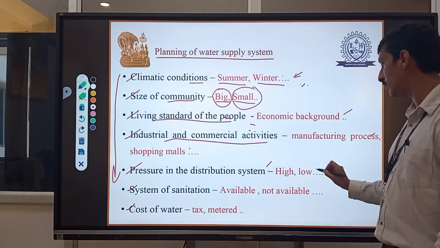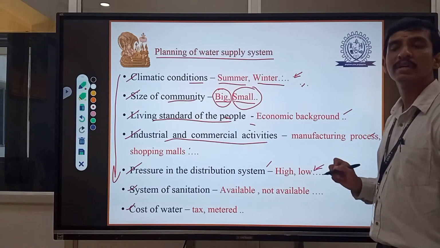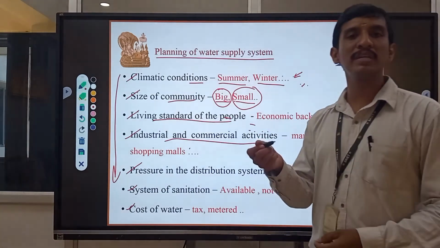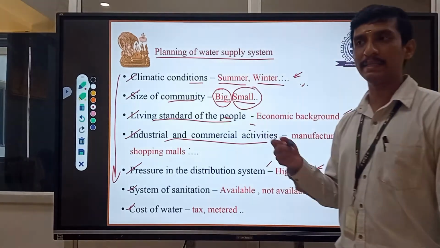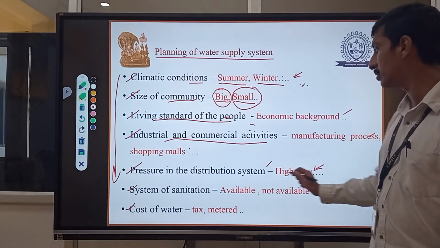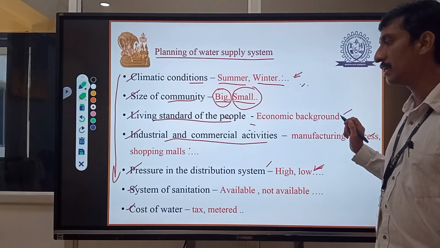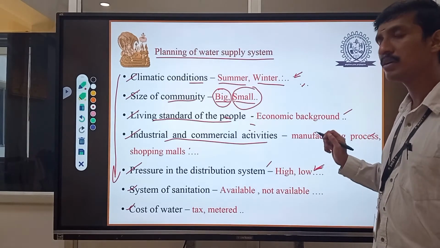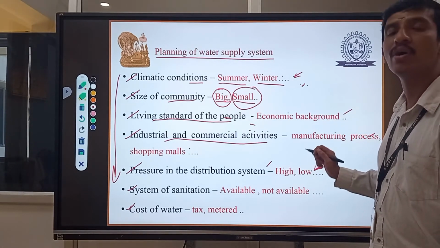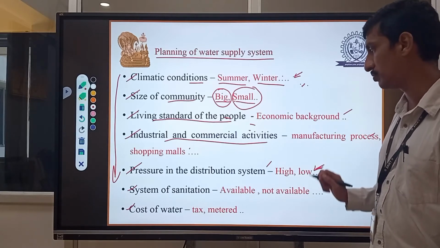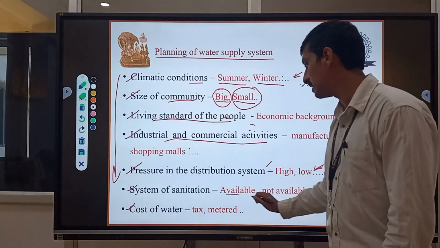But in the case of a low pressure pipe, people get water in very low quantities only, and if any damage occurs in that pipe, the loss of water will also be reduced or otherwise very low. Then system of sanitation.